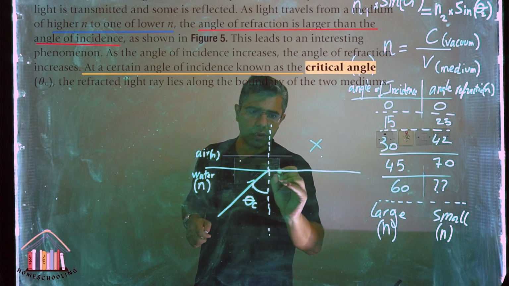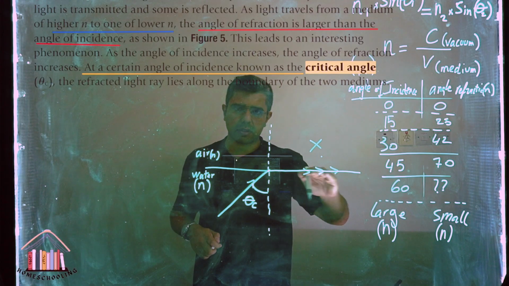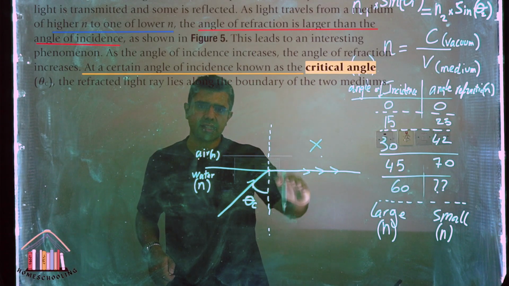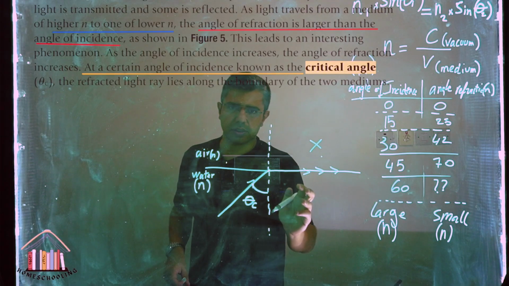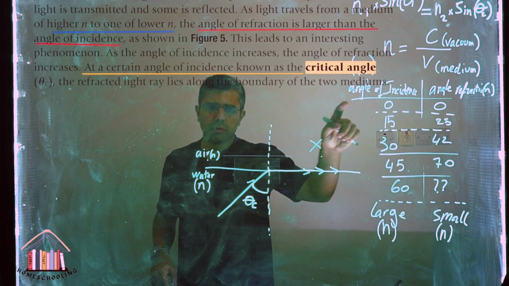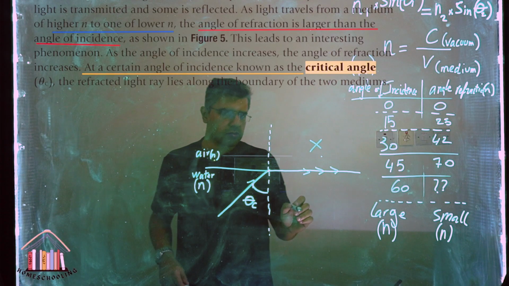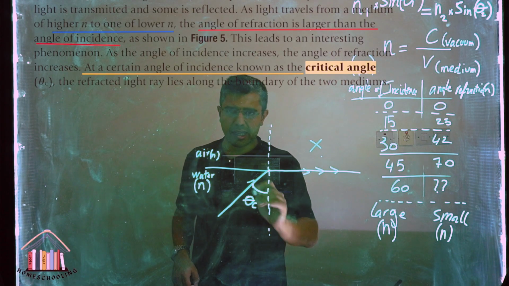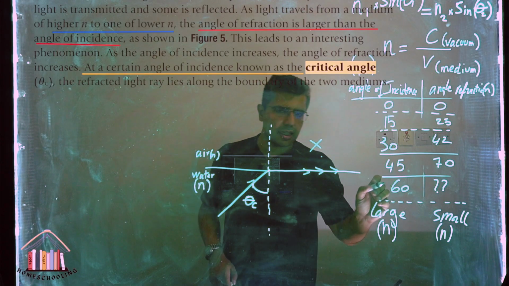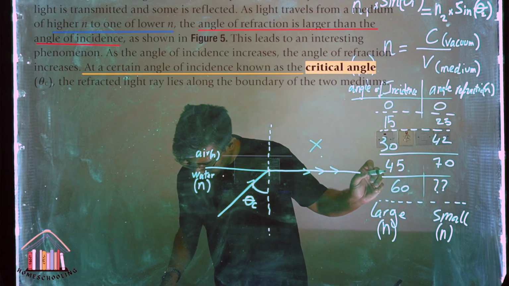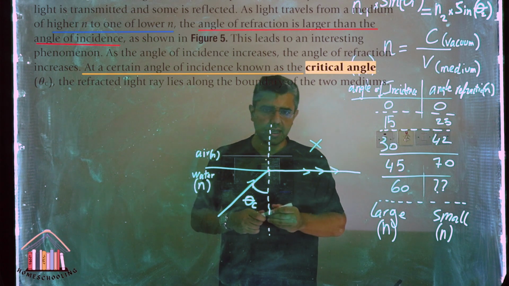It's not going up, and there is no refraction in the two mediums. That's what we mean by the critical angle. Theta c represents the critical angle, and again, it's somewhere between 45 and 60 degrees.